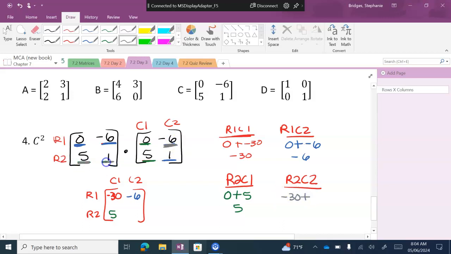We go across and down. 1 times 1 is 1. And negative 30 plus 1 is negative 29. So we get negative 30, negative 6, 5, and negative 29. Everybody okay with that? Anybody have any questions? Kind of get the multiplying, row by column, across and down.